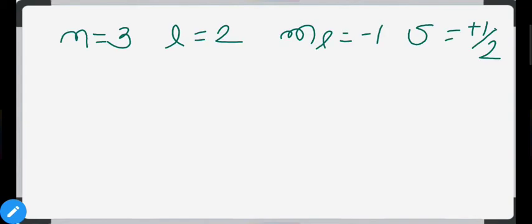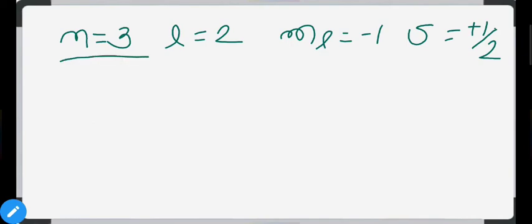Now let us understand these points with an example. Here we have a set of quantum numbers for an electron present in an atom. Our target is to find whether this configuration or these quantum numbers are possible or not. So let us discuss our points. Let us start with the principal quantum number.